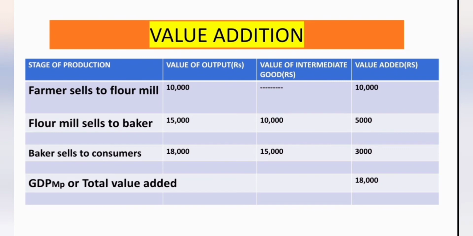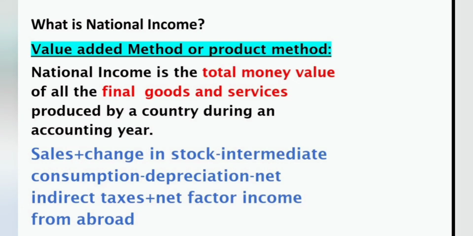How is it calculated? National income by value added method, or NNP at factor cost, is equal to sales plus change in stock minus intermediate consumption minus depreciation minus net indirect tax plus NFIA.